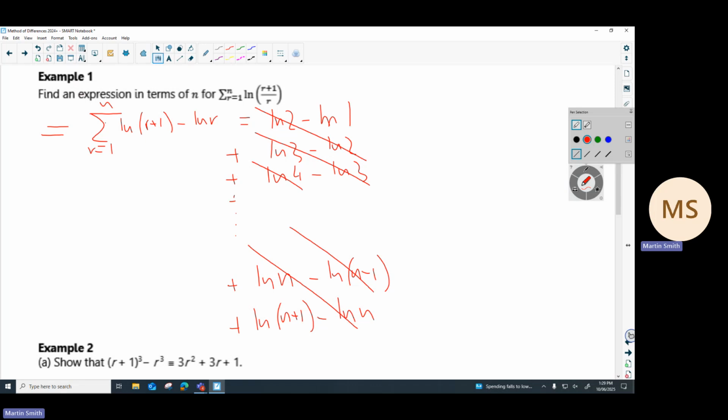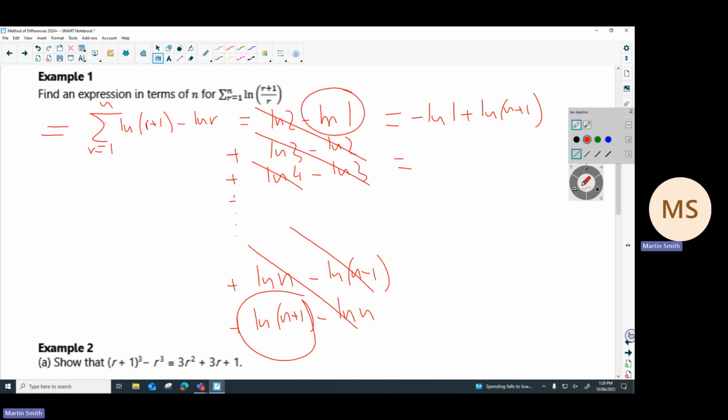Now, there's always some sort of pattern in terms of cancellation. However many terms you are left with at the top, there will be symmetrically terms in the other column at the bottom. So in this case, all we're left with is these 2 terms. So that's minus ln of 1 add on ln of (n plus 1) at the bottom.